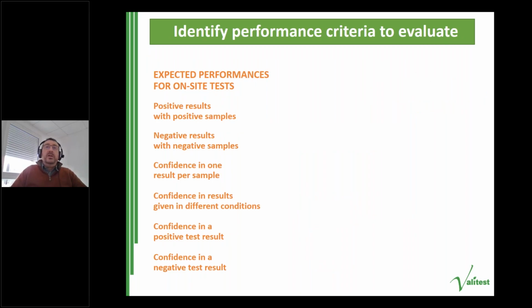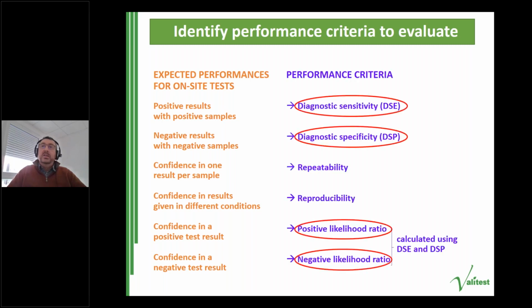Here are some other performances that you could expect for on-site tests. So positive results with positive samples, negative results with negative samples. You can also expect confidence in one result per sample, confidence in results given different conditions, confidence in positive test results, and confidence in negative test results.